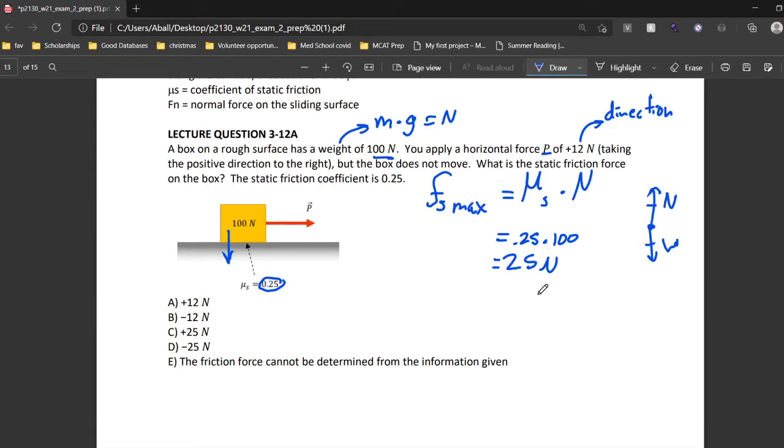So we would need to be applying a force greater than 25 newtons in order for this box to begin moving. And because the force given in the problem is less than that, so 12 is less than 25, this box will not move because it does not overcome the static frictional force of the object.